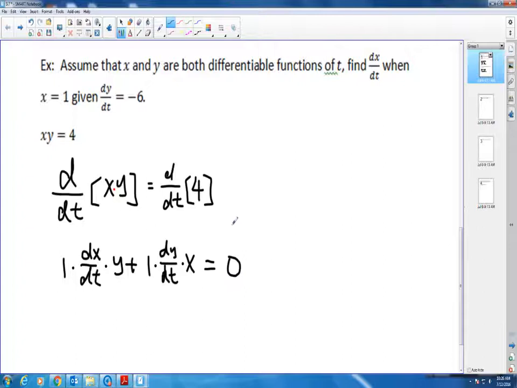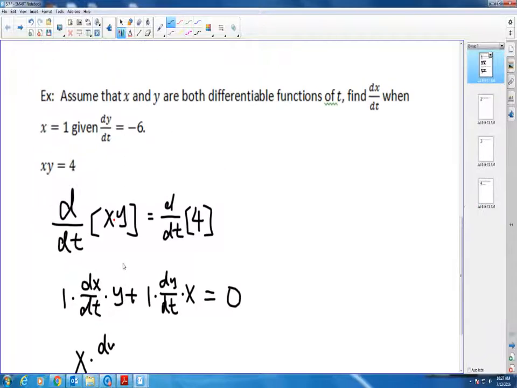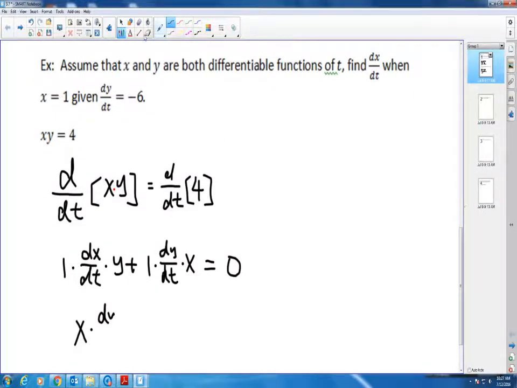I need to get dx/dt by itself. To do that, I need to move this term to the right. So 1 times x is still x, x times dy/dt. Excuse me, I need to get dx/dt by itself.